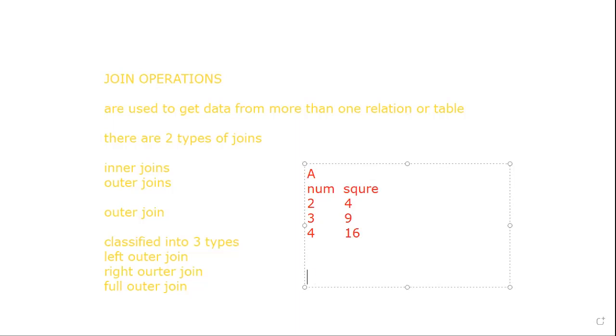Take another table, table B: number, cube. 2 cube is 8, 3 cube is 27, and 4 cube is 64.